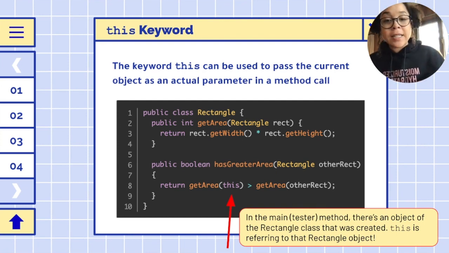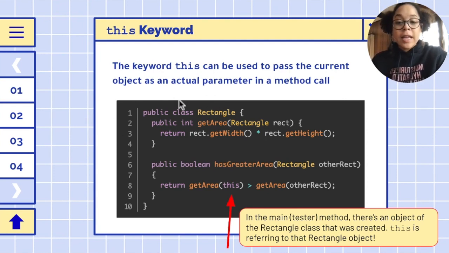It can be used to pass the current object as an actual parameter in a method call. If you notice here, we have public class rectangle. And then we have two methods in our rectangle class. We have the getArea, which takes a rectangle object as its parameter.